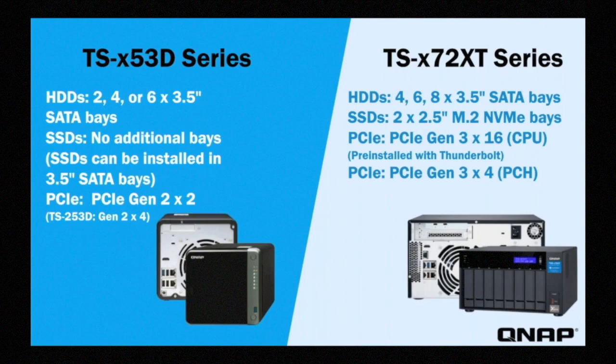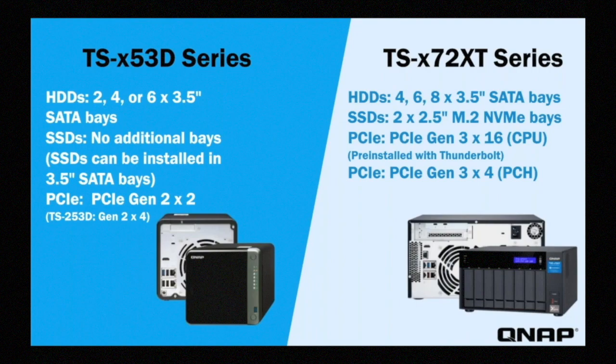And M.2 is a smaller form factor that is basically like a little chip that you can slide into one of the slots. And the NVMe drives are so fast that even just those 2 slots can give you a lot. So that can really utilize the Thunderbolt 3 connection on that model and the 10 gig connection as well.